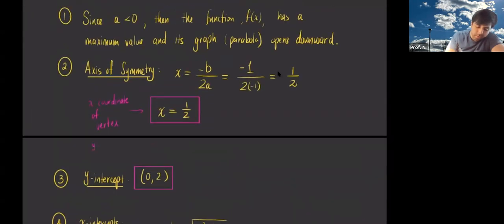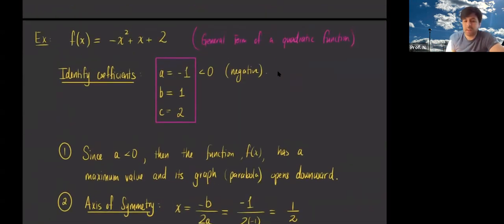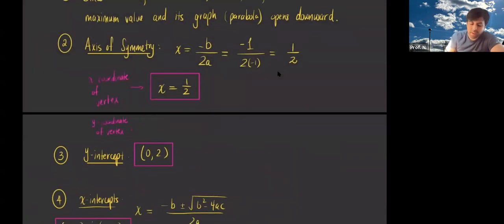So how do I figure out the y-coordinate of the vertex? Well, I know the x-coordinate of the vertex. I know the x-coordinate, and I know my function, what it looks like. So to find the y-coordinate, I need to plug in. Plug in what? The x-coordinate.